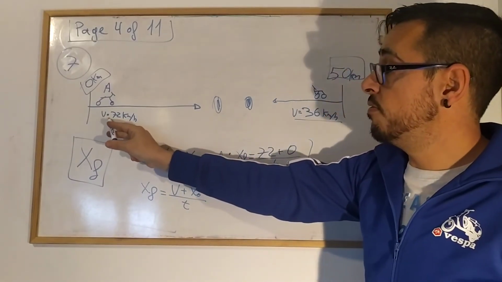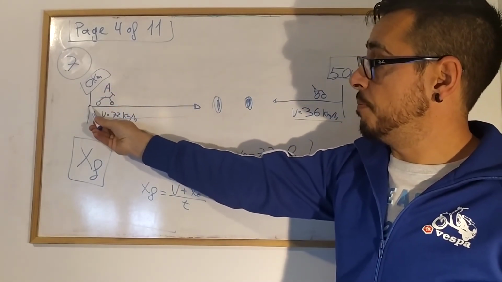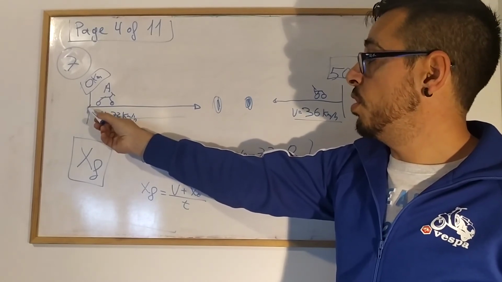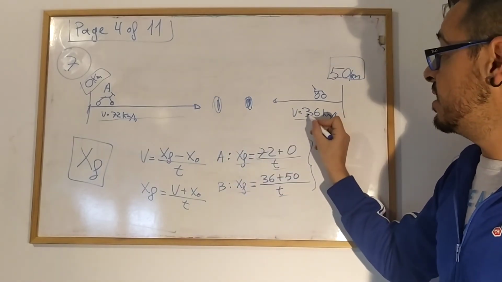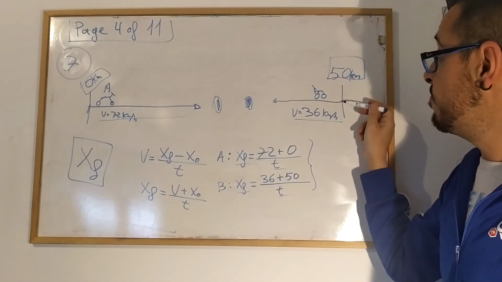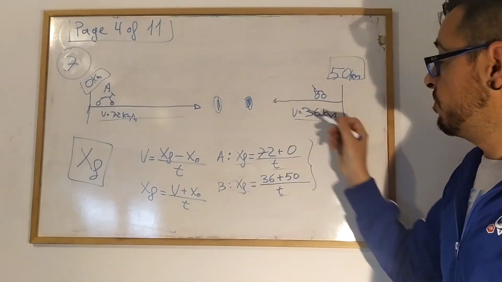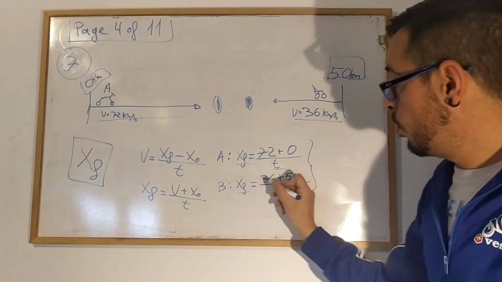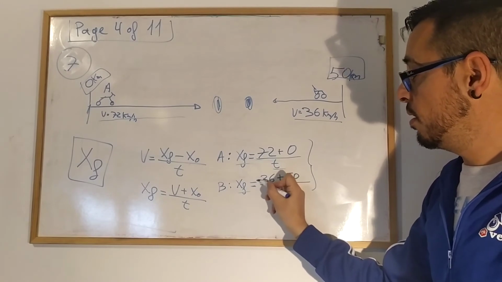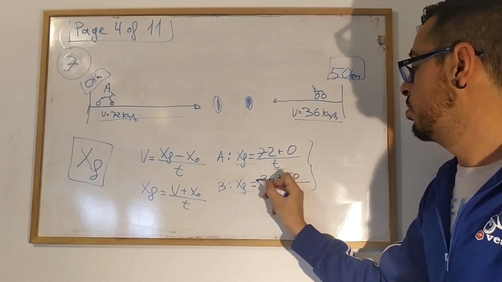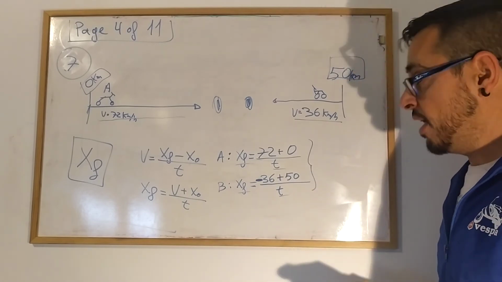This is positive because it's going from the origin point and increasing the distance. But this is going to be negative because it's approaching the origin point, okay? So velocity is going to be negative. Take this into account. And then you solve this and you get it.